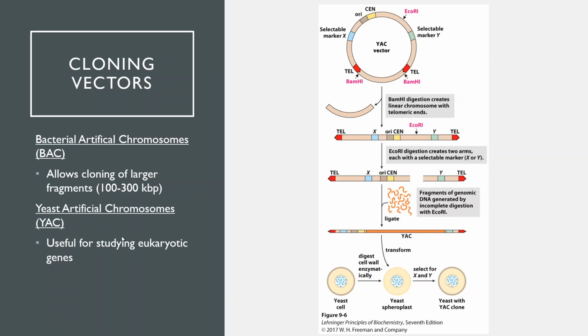And another type of artificial chromosome that you can use as a cloning vector is a yeast artificial chromosome. And the yeast artificial chromosome is similar to the bacterial artificial chromosome in that, again, you have an origin of replication, and you have multiple selectable markers, again, either some sort of resistance gene or some sort of visualization marker, and then multiple restriction sites.